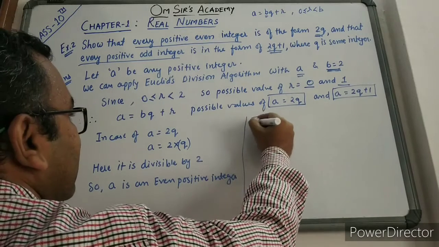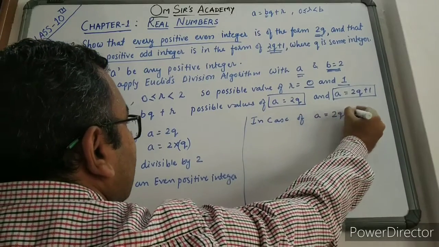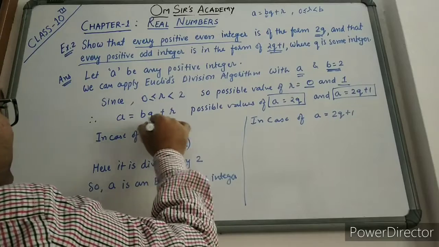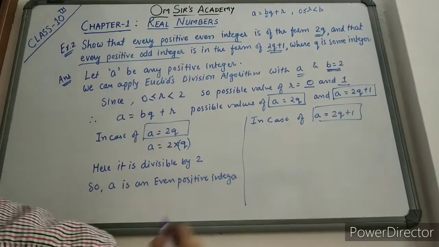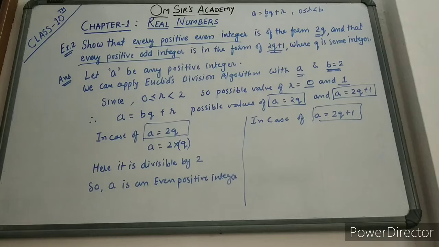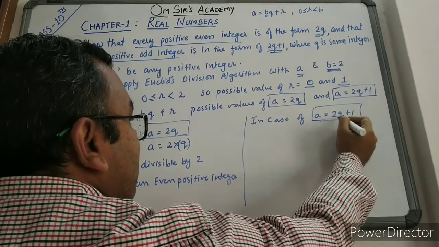And here in case of a equals to 2q plus 1, ये दूसरा केस लिया. पहला हमने a equals to 2q लिया. In another case a equals to 2q plus 1. In that case what will it be? Can we take out 2 as a common in this whole?